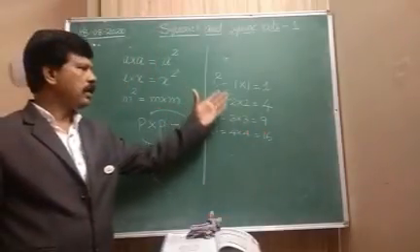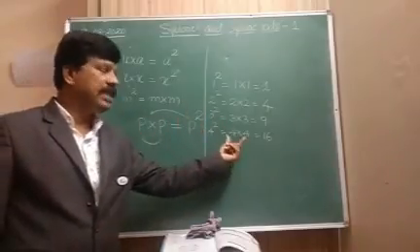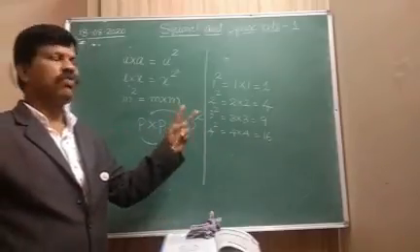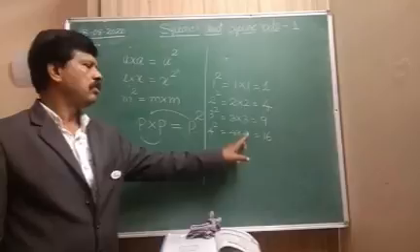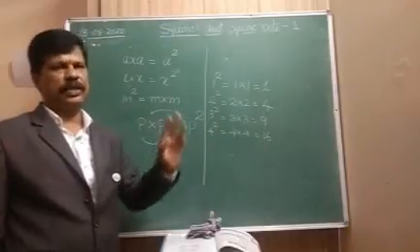Followed? So like this, a number is multiplied by itself twice. 4 into 4, the product is 16.